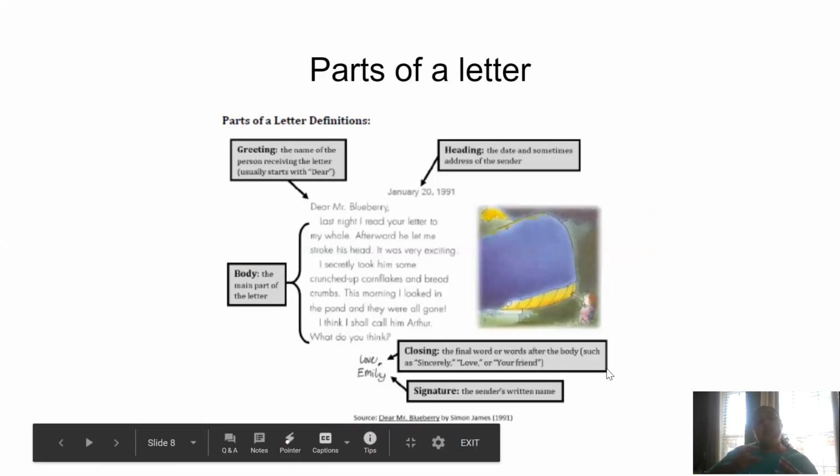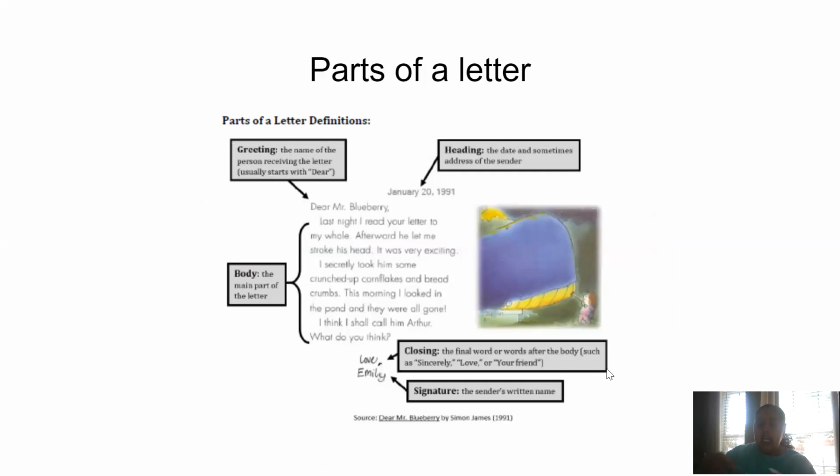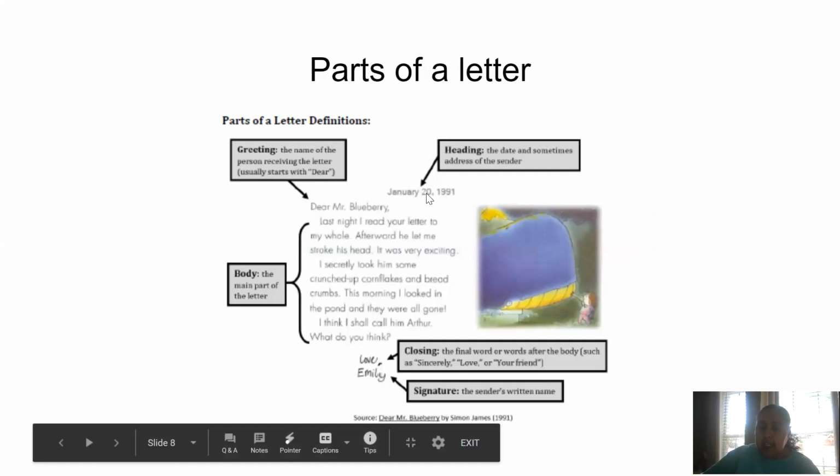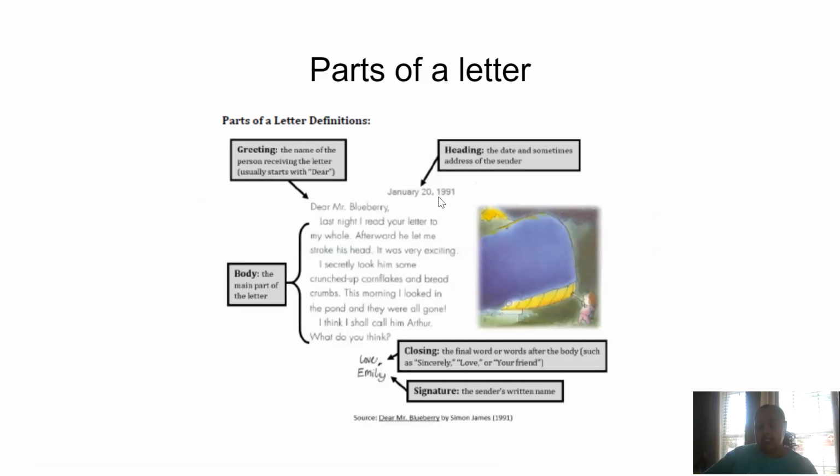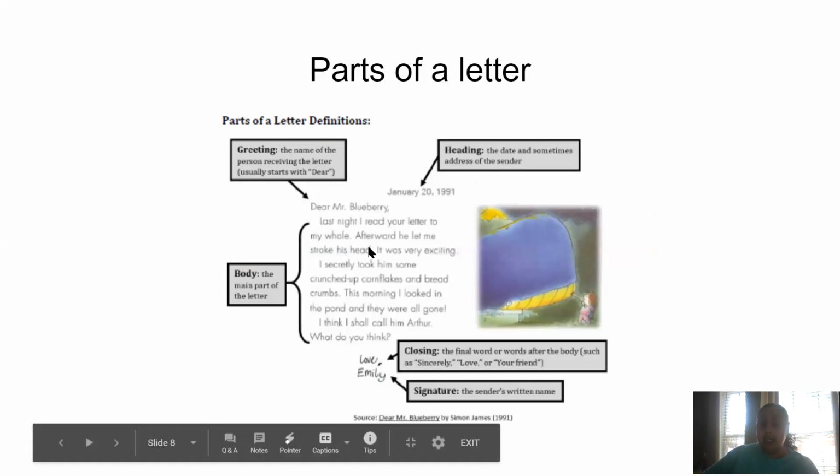So we must remember the parts of a letter, friends. Here we have the heading. The heading is the date. Sometimes it could be the address of the sender, but for second grade purposes, the heading is going to be the date. Then we have the greeting, where we say, dear whoever we're writing the letter to. We have the body.